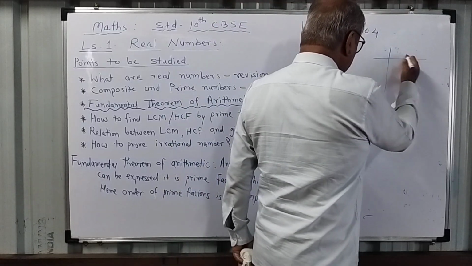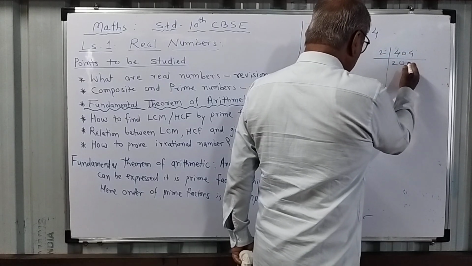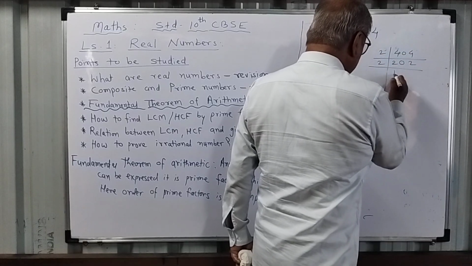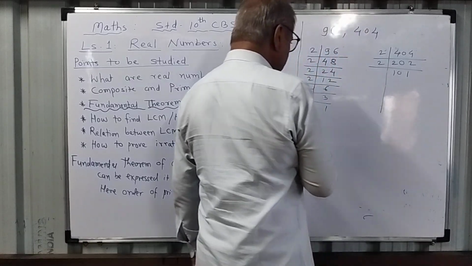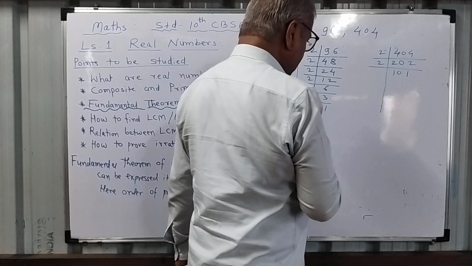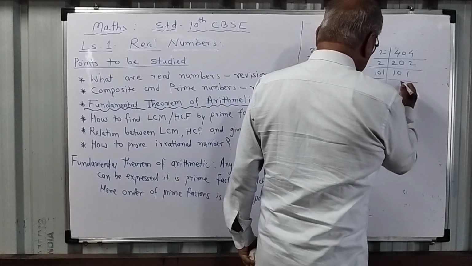404. Find the factors. 2 2s are 4, 0, 2 2s are 4, 2 1s are 2. Now see this 101.